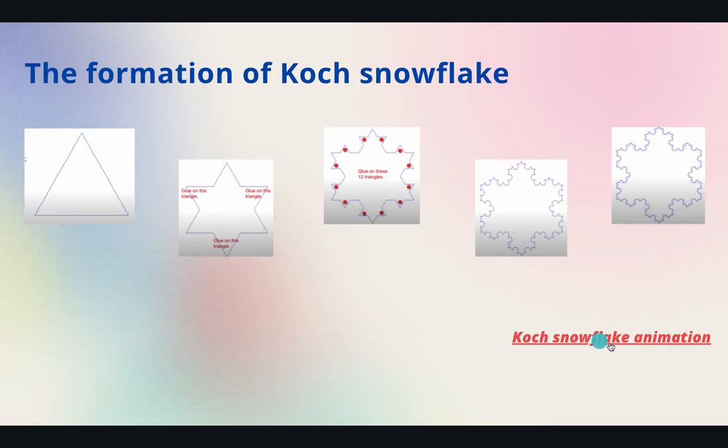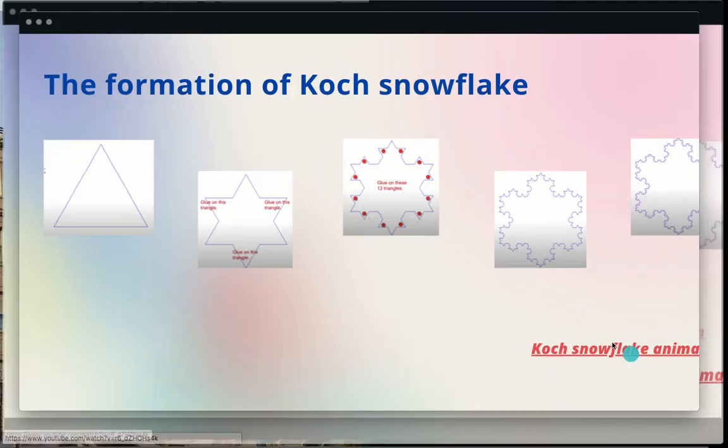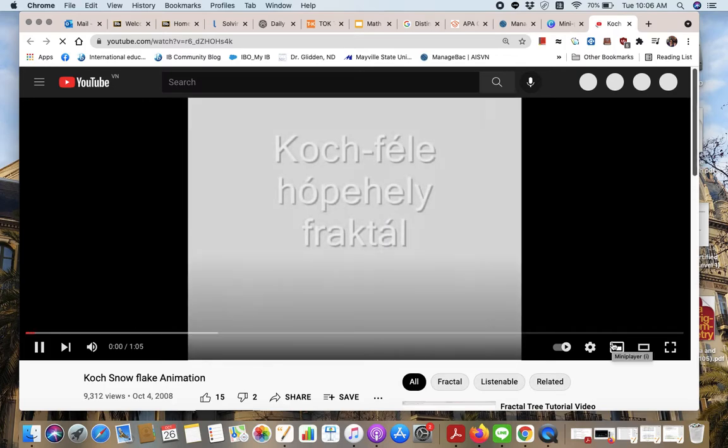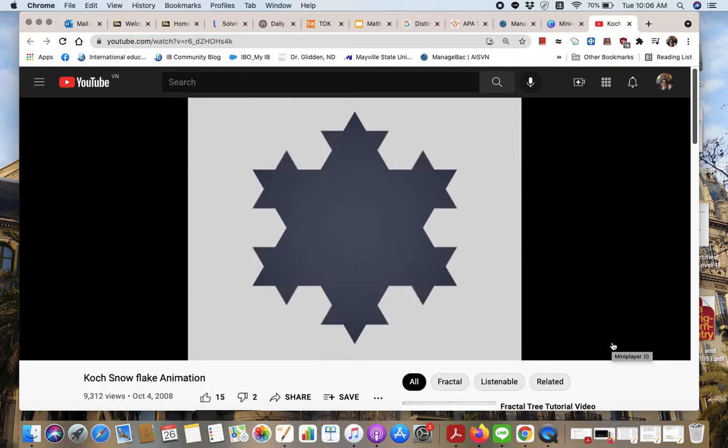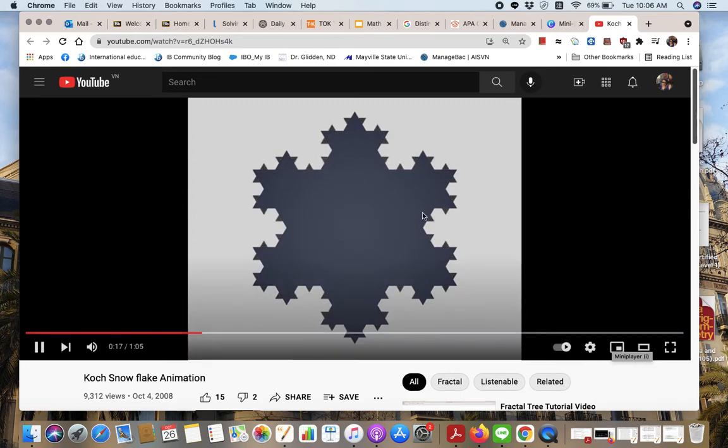Let's take a look at the animation of Koch snowflake. As we can see from here, as the process continues, the perimeter becomes more complicated.